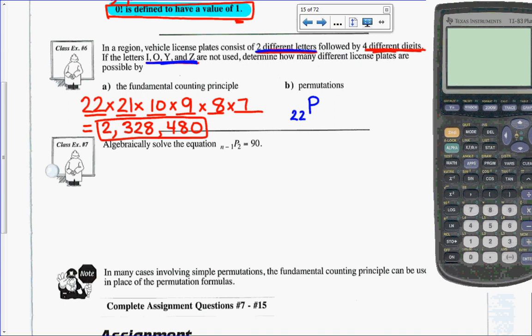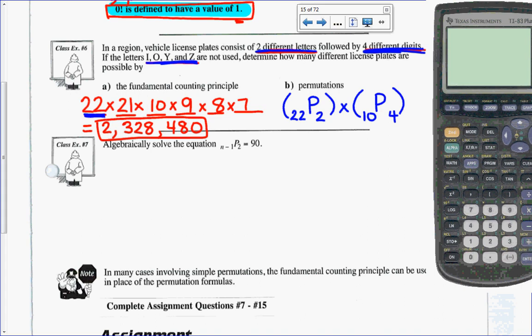So just like here, I only had 22 I could choose from. Okay, and I am choosing to arrange 2 of them. Okay, and this is not an or, this is an and, so times. And I'm also having to arrange 4 different digits. So I've got a choice of how many digits? 10, and I am choosing to arrange 4 of them. Okay, so 22P2 times 10P4.